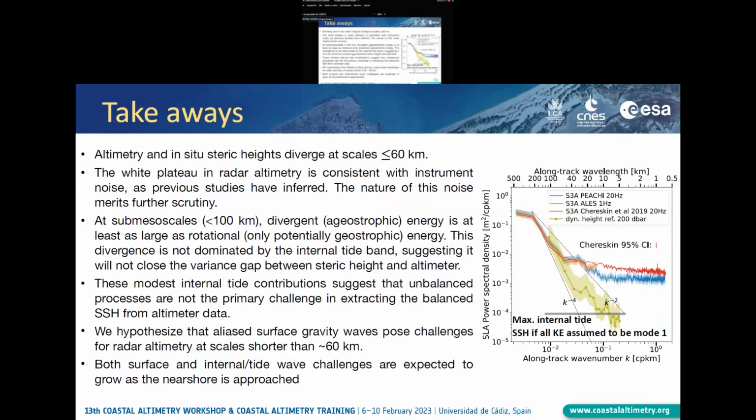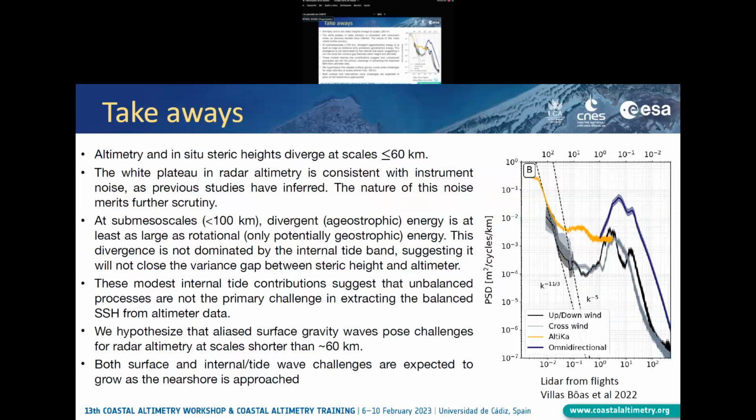As far as extracting that signature, but we're thinking that maybe some of this is some form of noise that comes from the other very large ocean process at much higher frequency, which are surface gravity waves.